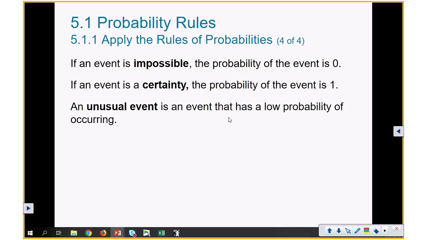An unusual event has a very low probability and is usually outside what percent? 95%. So an event is very unlikely. An event is very likely. Do not use these two words. I don't know why they put that in there.